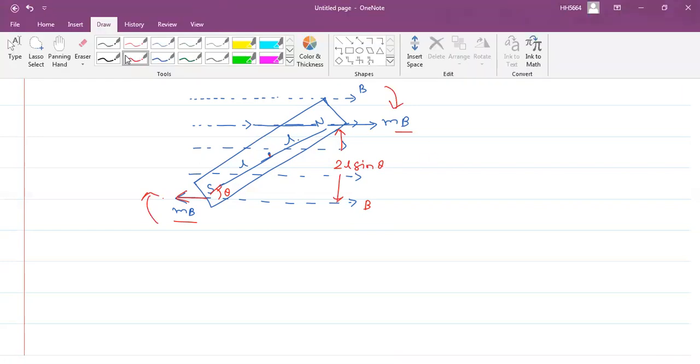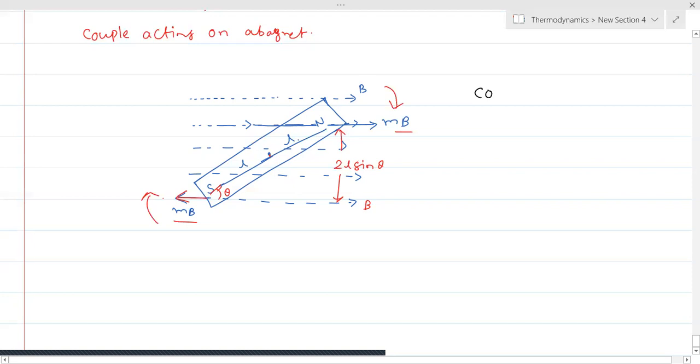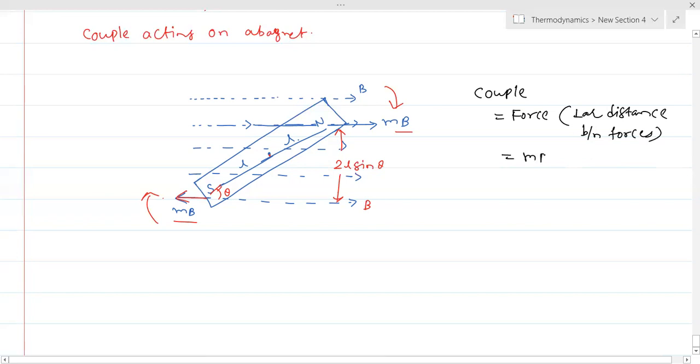Therefore, couple is equal to force into the perpendicular distance between the forces. The force is mB and the perpendicular distance is 2L sine theta.